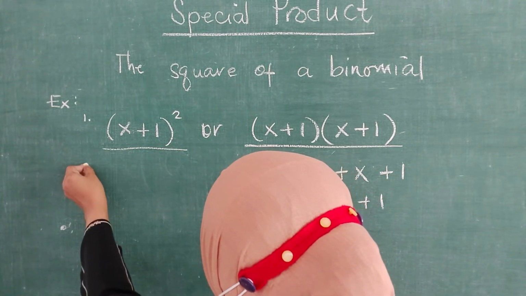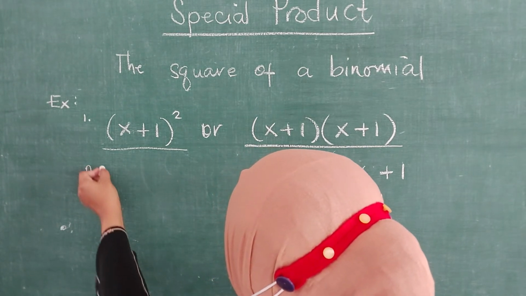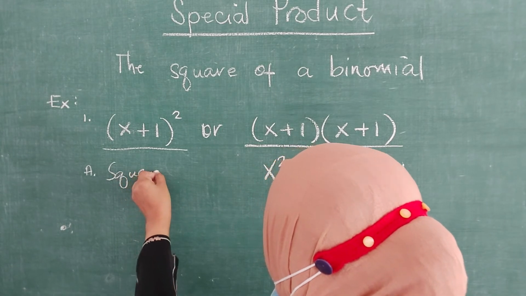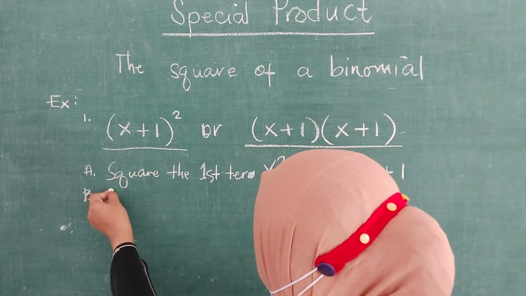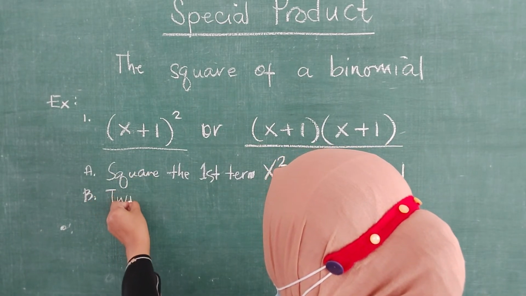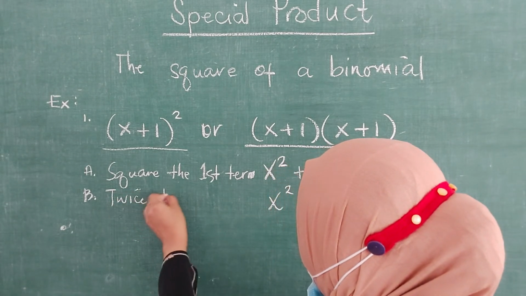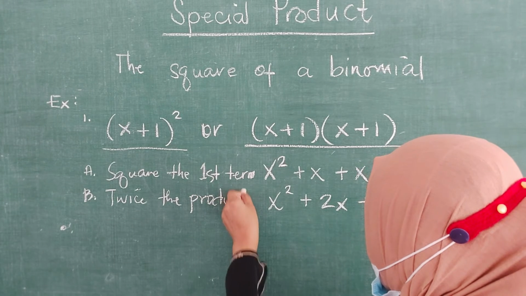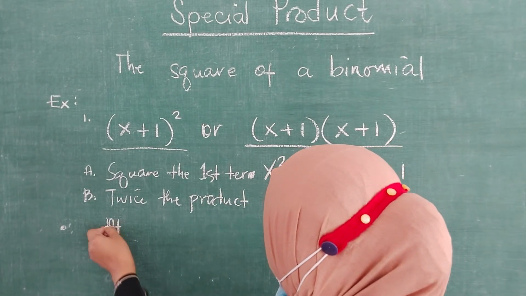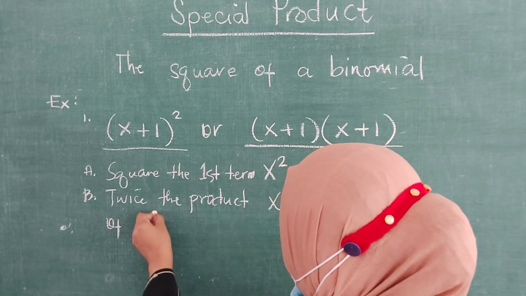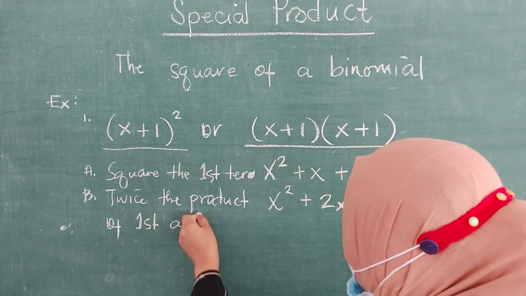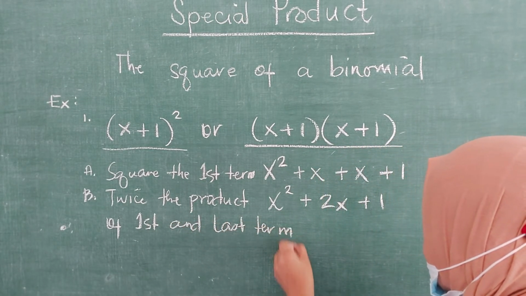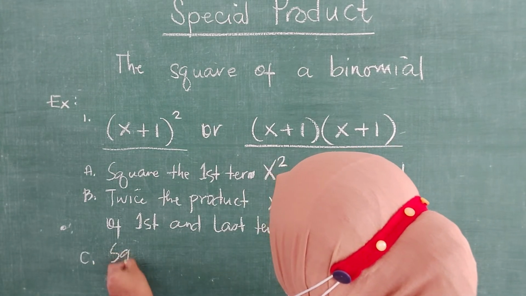Number 1 or letter A, square the first term. Letter B, twice the product of first and last term. Letter C, square the last term.